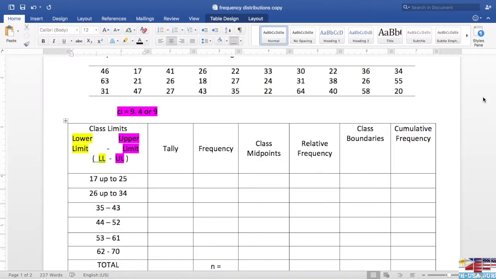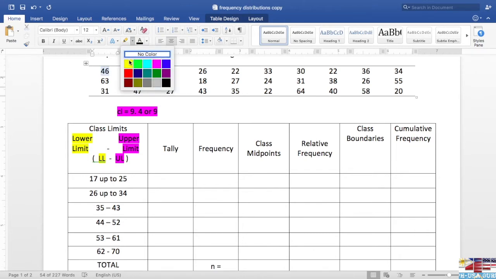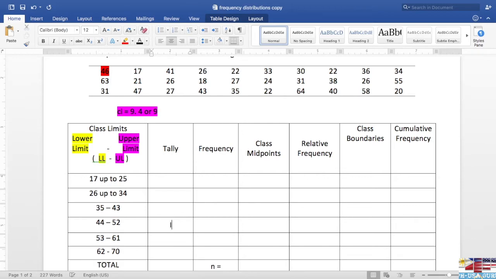The next step is to tally the ages of drivers under the influence of alcohol in each category or class. So let us highlight, please don't forget. So 46, okay, let's highlight it. 46 falls in between 44 and 52. So let's mark that. 17, highlight it.